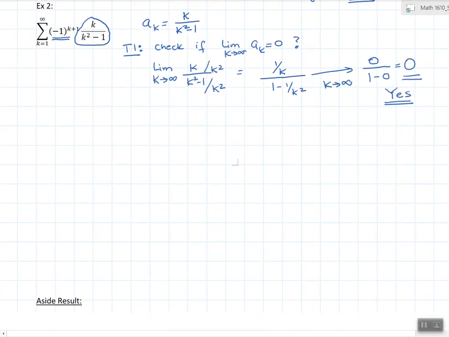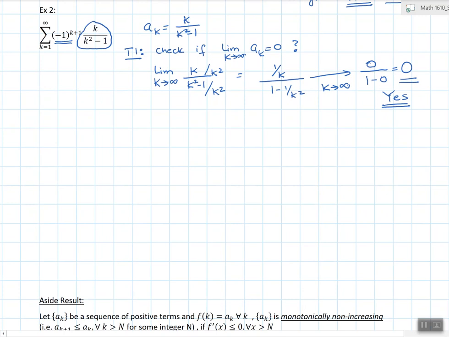Now let's go and try out test 2. So in test 2, we want to check that a_(k+1) is less than or equal to a_k. Is that so? Okay, so what's a_(k+1)? Wherever you see k, you're going to write k plus 1.